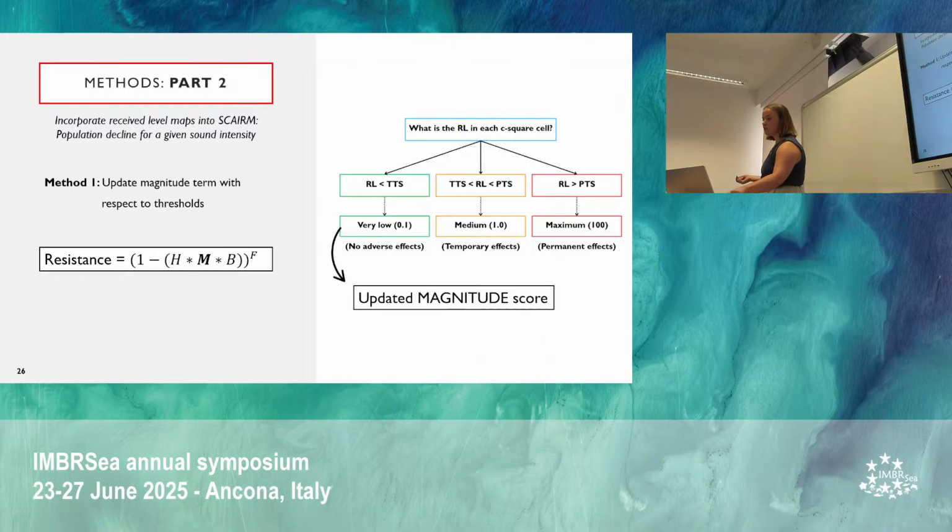With my receive level map, since I had a receive level value in every single grid cell in my study area, if the receive level was less than the ecosystem component's temporary threshold shift, magnitude was categorized as very low. If it was in between the temporary and permanent, magnitude was classified as medium. And if the receive level was greater than the permanent threshold shift, magnitude was classified as maximum.